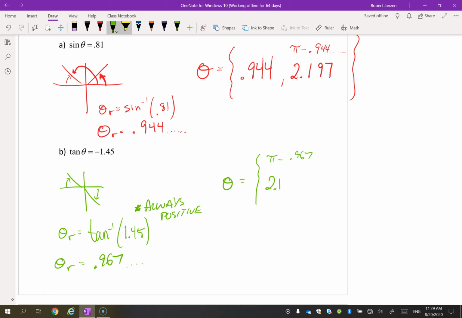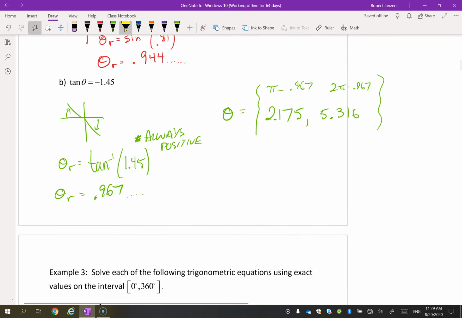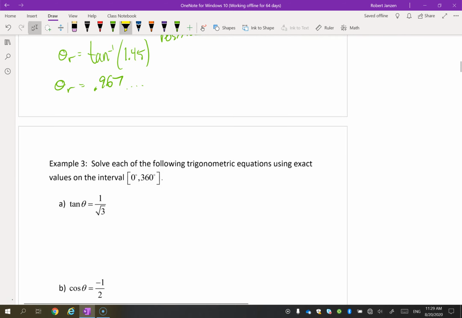So I get 2.175. And then the second one is going to be 2 pi take away 0.967. And that's 5.316. Okay, so those are sort of the basic ones.